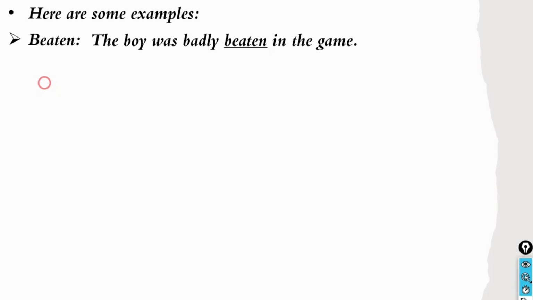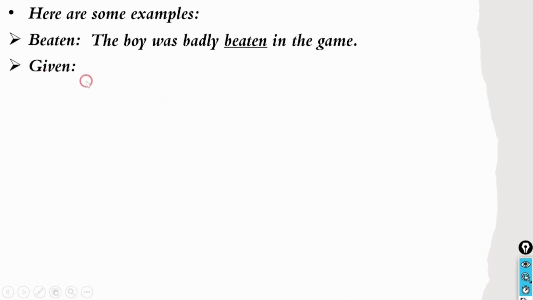We add en to the word "beat," the root form, to express an event that has happened in the past. So, "The boy was badly beaten in the game," meaning this beating happened in the past.